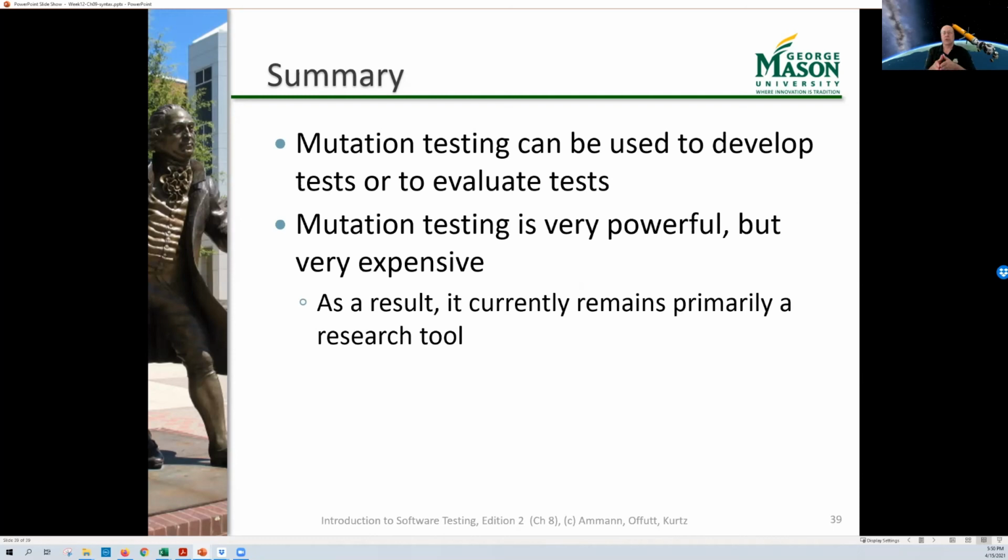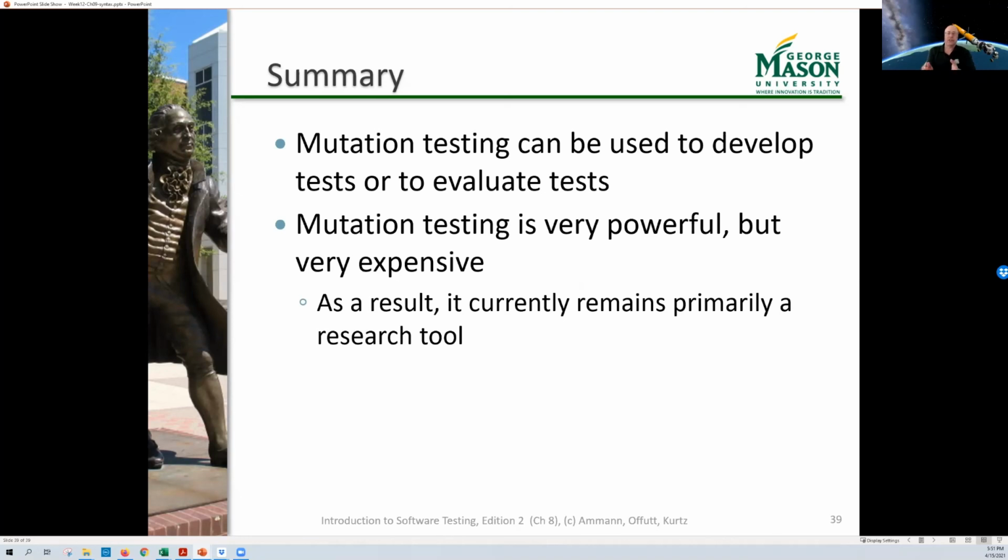Well, what I can do is compare both of them to mutation testing and say, well, if I run the set of tests from node coverage, how many mutants does it kill? And if I run the set of tests from edge pair coverage, how many mutants does that kill? And now I have kind of a standard ruler that I can use to determine which of those approaches is better, right? Which of those approaches kills more mutants and by association probably finds more defects. So that's how we use it for evaluation.